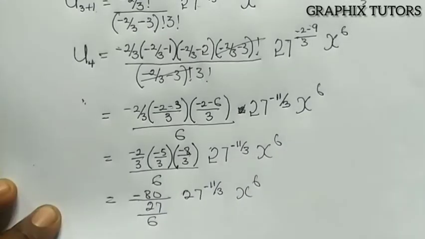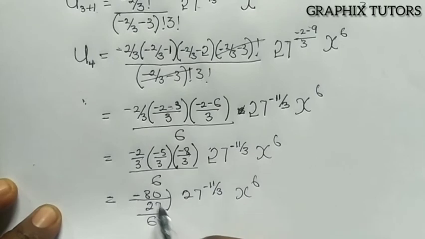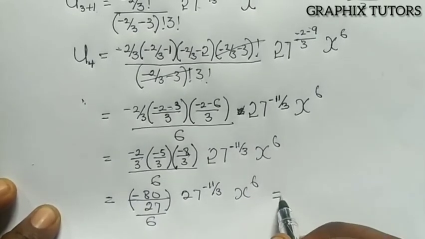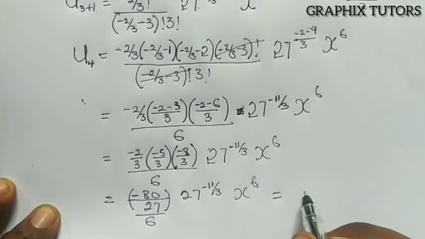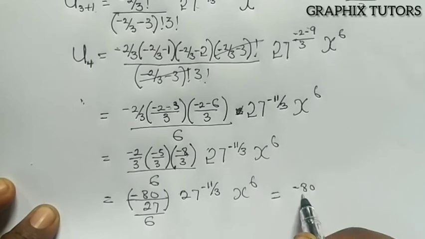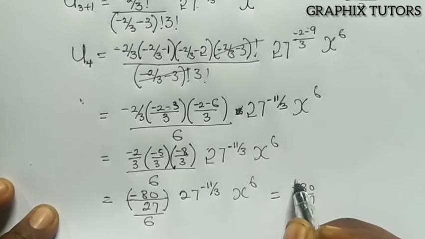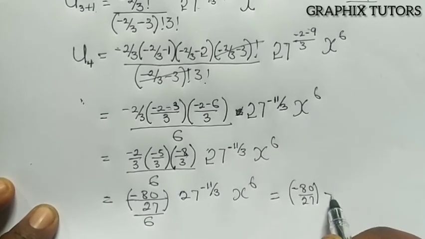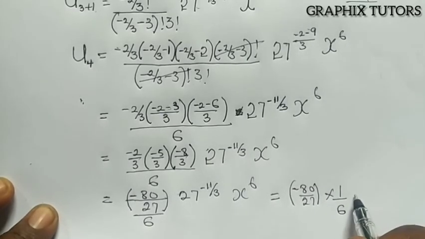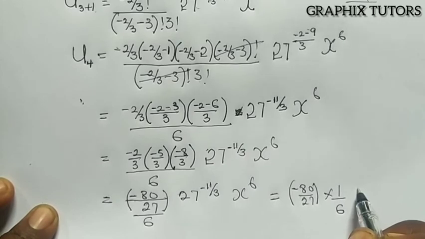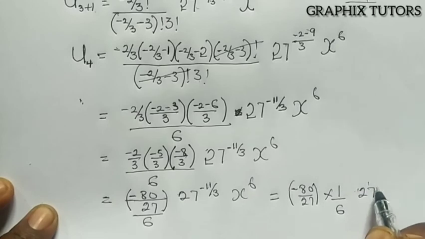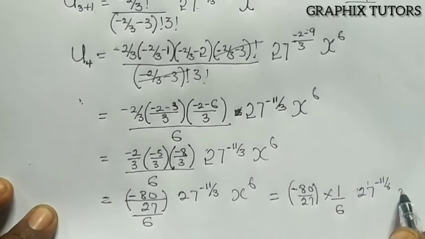So this is regarded as one, as in they are together, and it can be written as minus 80 over 27, multiplied by 1 over 6, multiplied by 1 times 27 to the power of minus 11 over 3, and we have x6.